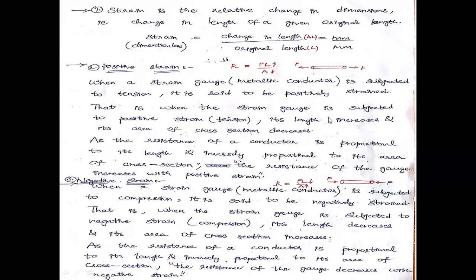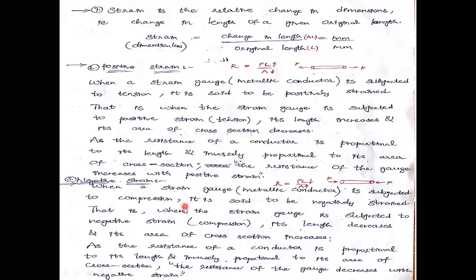Its length increases and its area of cross section decreases. As the resistance of the conductor is proportional to its length and inversely proportional to its area of cross section, the resistance of the gauge increases with positive strain.